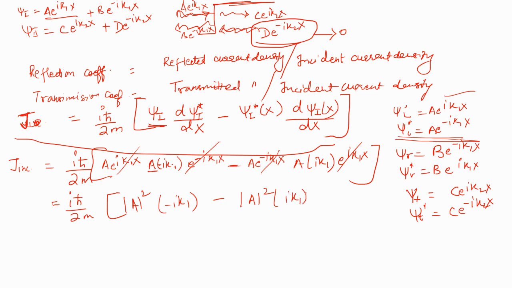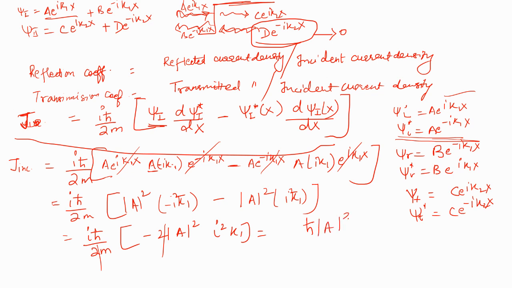And this will become iota h cross upon 2m times minus 2a square iota k1, so the 2 will cancel each other. We have h cross a square k1 by m. I think this is J incident.